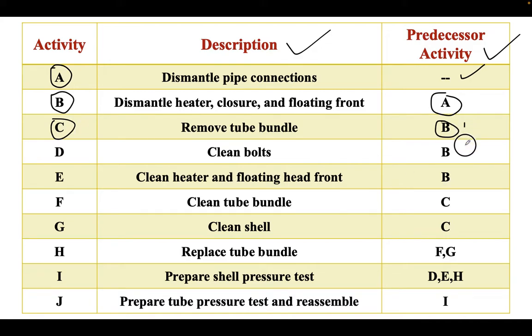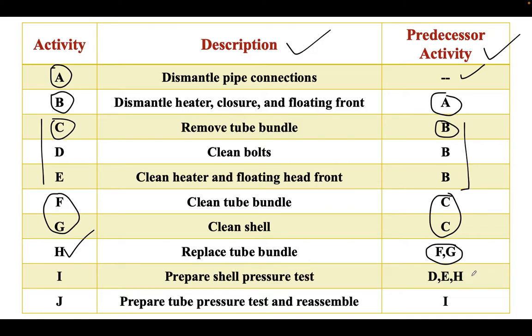If we look at the activities after B, three activities are going to start, that means C, D and E. Once activity C is finished, then activity G and F are going to start. Once activity F and G end, then activity H is going to start.